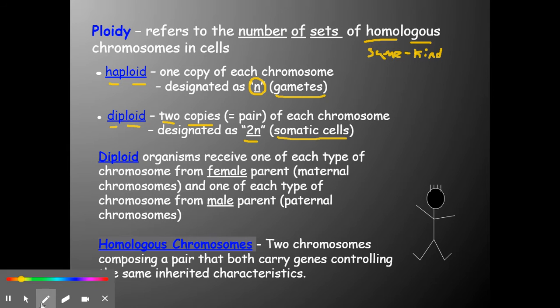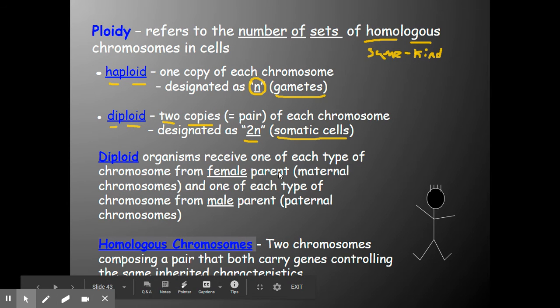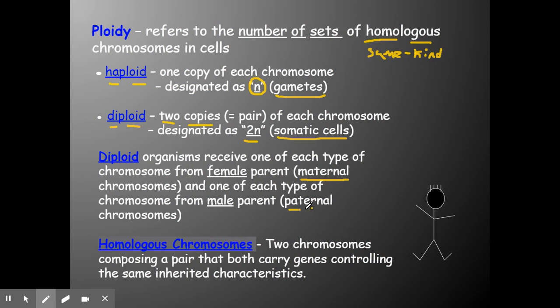Diploid organisms receive one of each type of chromosome from the female parent, also known as the maternal chromosome, and one of each type of chromosome from the male parent, also called the paternal chromosome. So your mom's side is the maternal side, your dad's side is the paternal side.